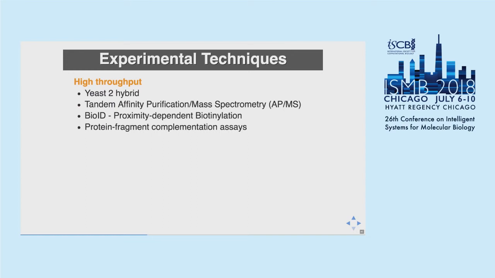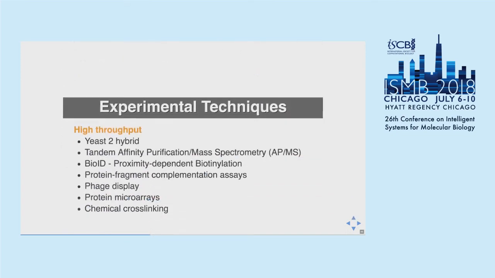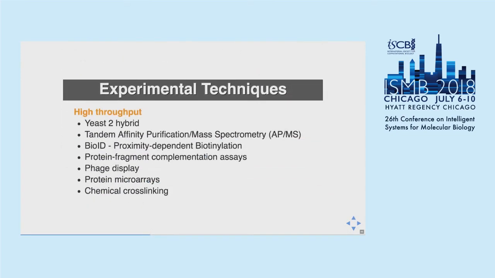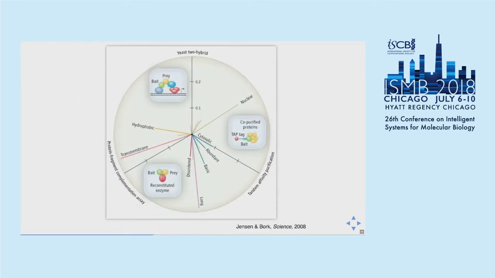And then there are some of the protein fragment complementation assays, a slower approach, not as high throughput, phage display, protein microarrays, chemical cross-linking, and this is really the slide I wanted to get to. So this is old, 2008.